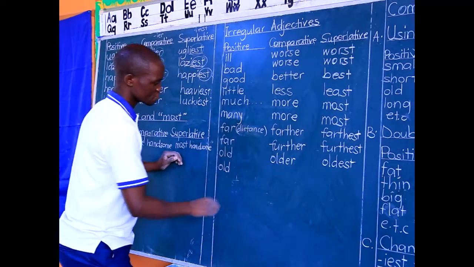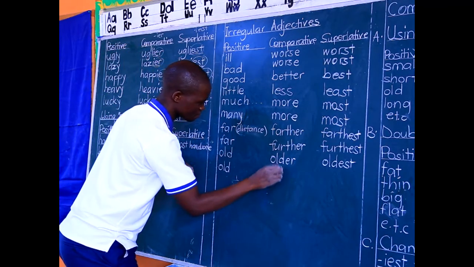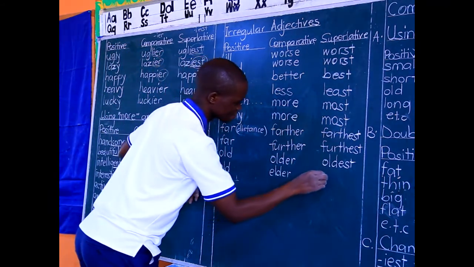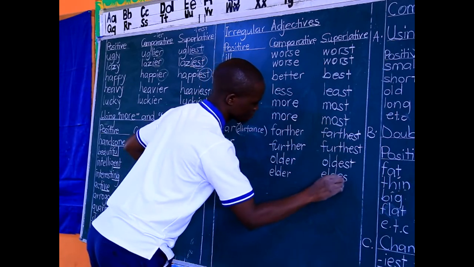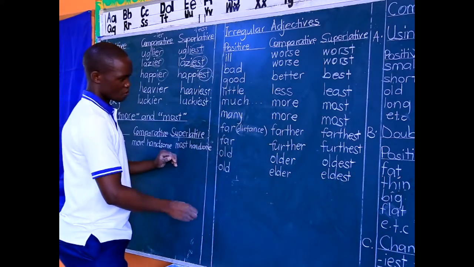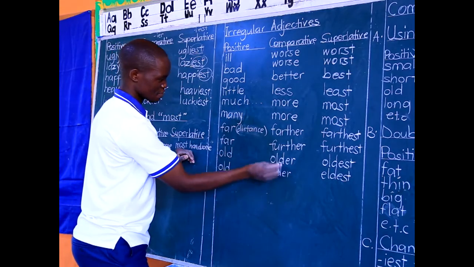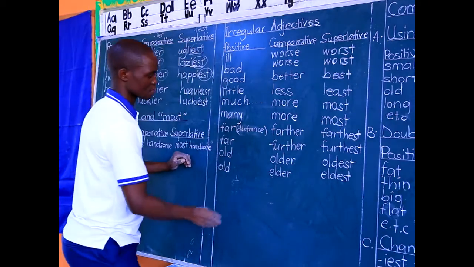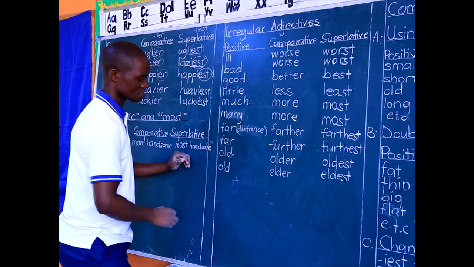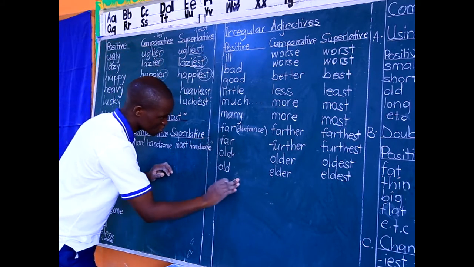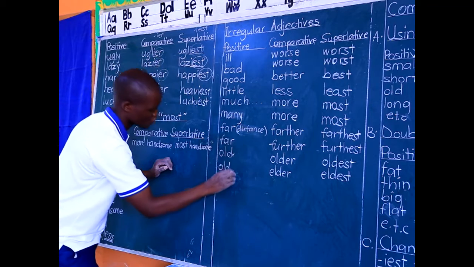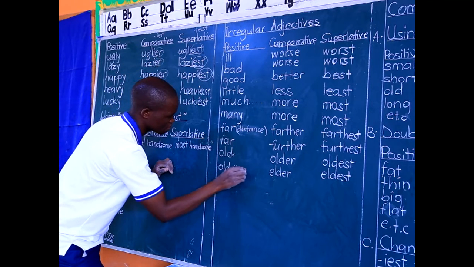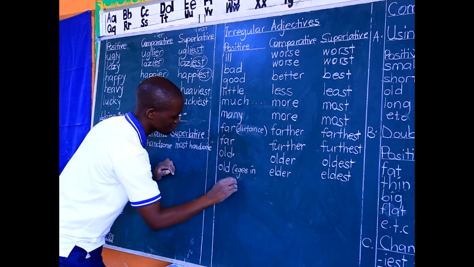We have old, which changes to elder and eldest. I brought it because of this other comparative and this other superlative, elder and eldest. That's the reason we are repeating this old. This is old, changing to elder and eldest for ages in a family.